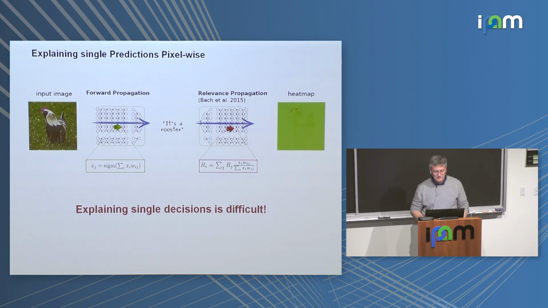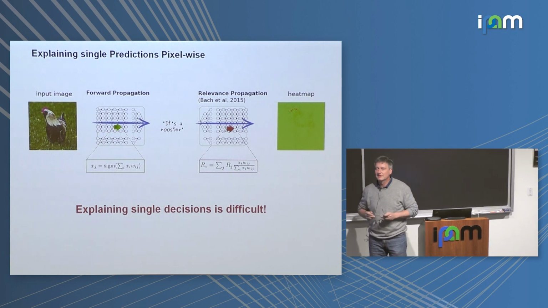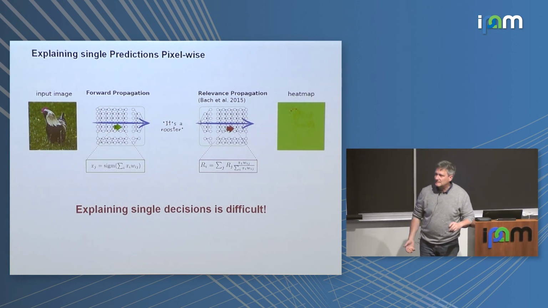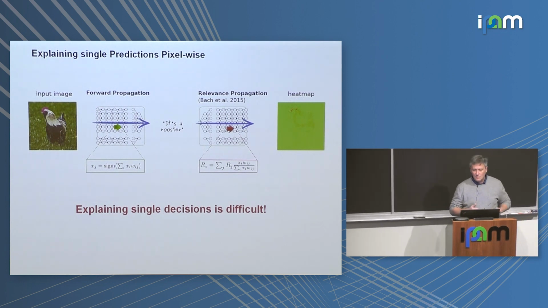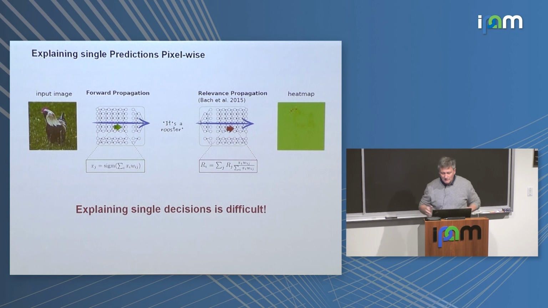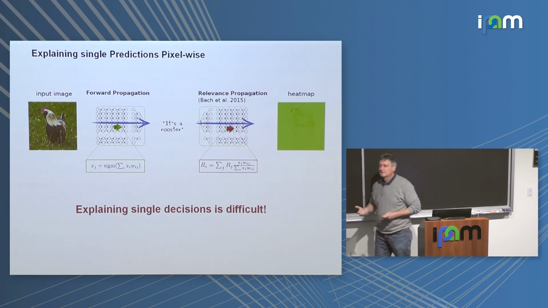But since it's a nonlinear model, it's not. And so from the mathematical point of view, you have to somehow put this nonlinear function upside down, and then have to go backwards through the model somehow, and then give some probability map to each pixel of this input picture, which tells you which of these pixels are super important for the classification.